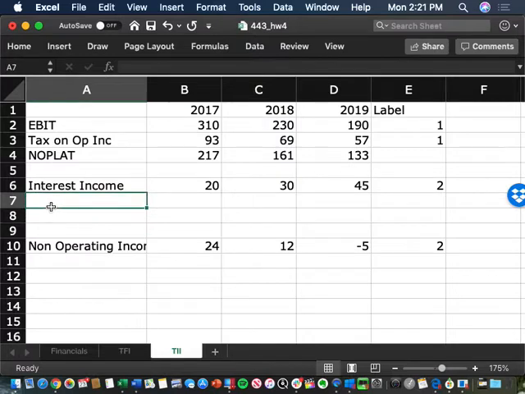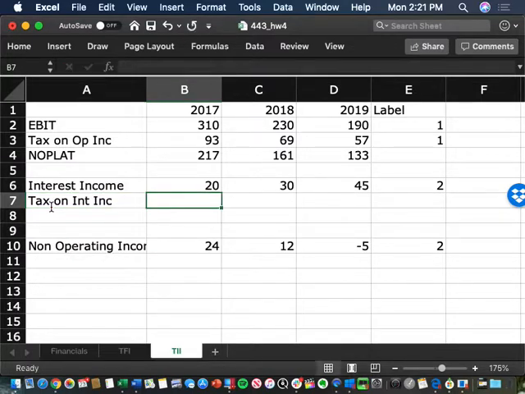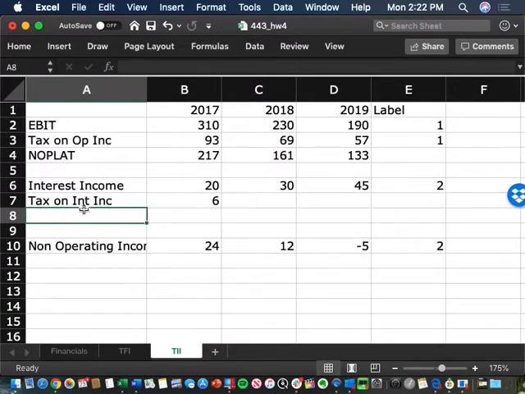So, if I have this level of interest income, I'd have my tax on my interest income, which is multiplied by 30%. And then I would have my after-tax interest income.